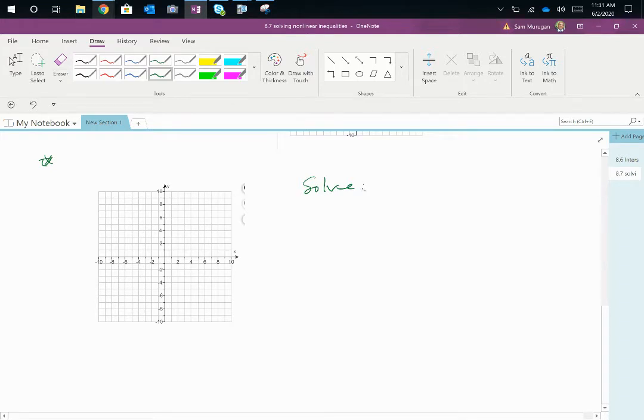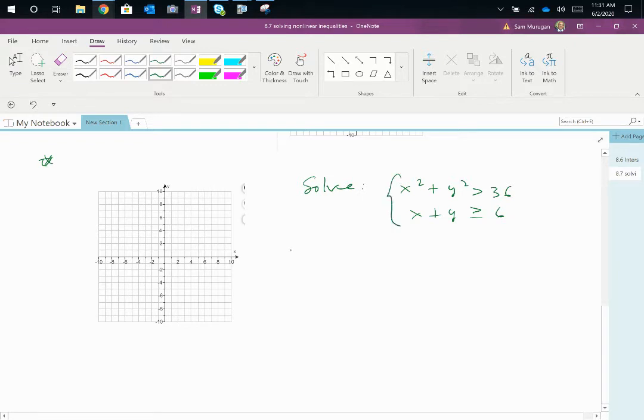Okay, solve the system given: x squared plus y squared is greater than 36, and x plus y is greater than or equal to 6.